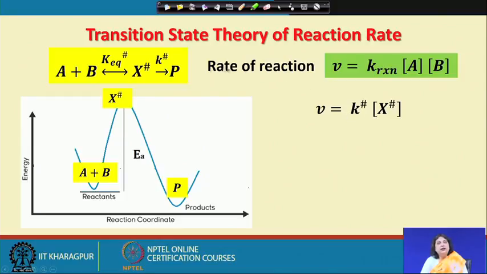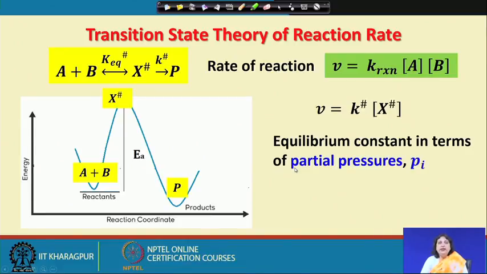So, k dagger is the rate constant with which X dagger decays into the product. Now, with this we can also write down, if there is an equilibrium between A and B, the molecules of A and molecules of B forming the molecules of the activated complex, this can be written in terms of partial pressures like this.